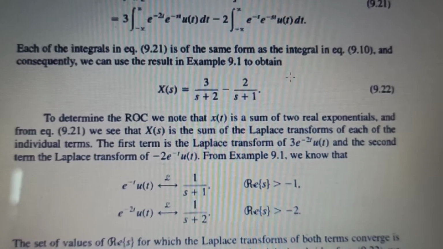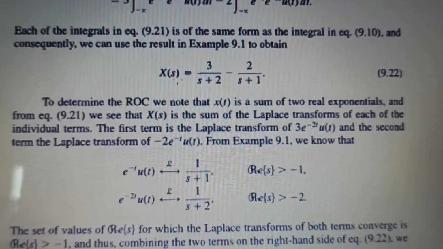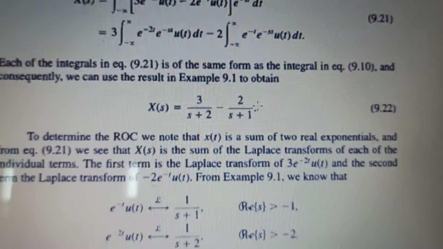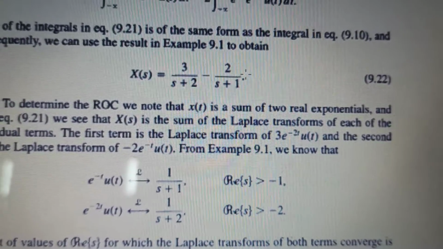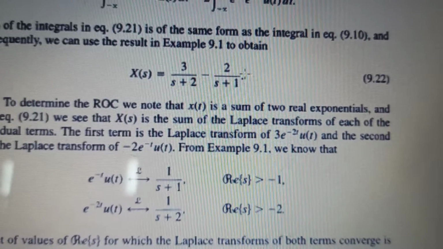Now, coming back to the denominator, (s plus 2)(s plus 1). If we look at the denominator, s equals minus 2, s equals minus 1. These two are the poles.